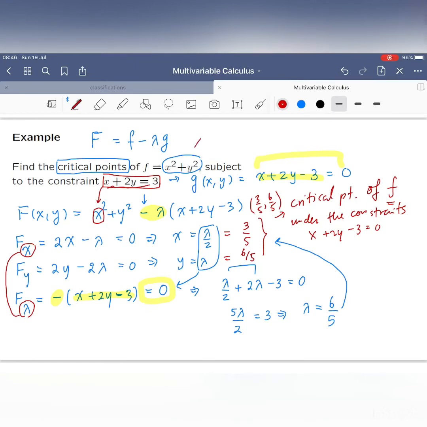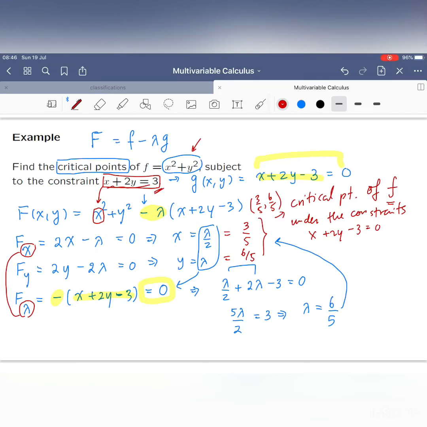If this small f is a pretty weird function, then it will be more difficult to plug in this condition after you change one variable into another.